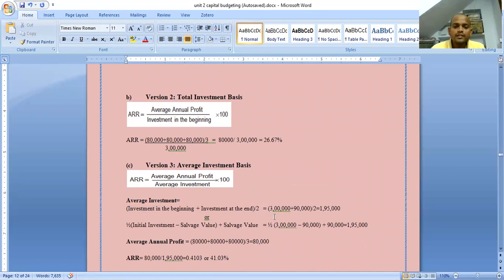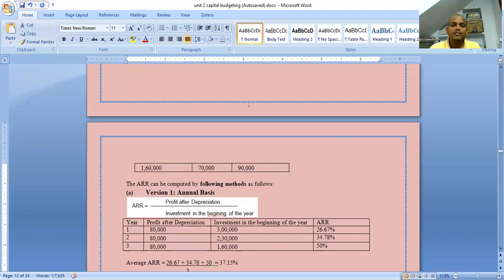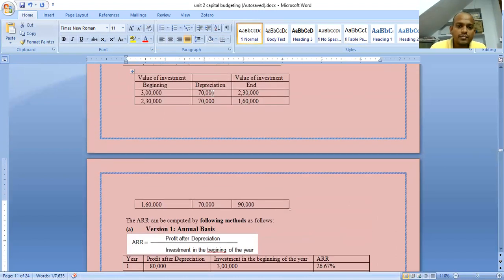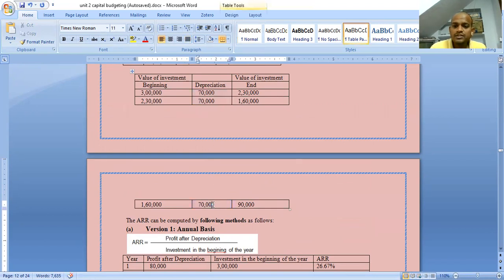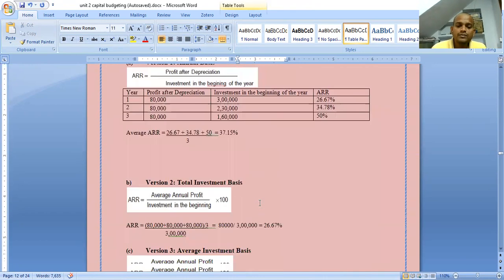So investment in the beginning, that is 3 lakhs, plus investment at the end after deducting everything. See, depreciation, every year we have to provide depreciation. Finally, we will get the value of investment at the end, that is 90,000.